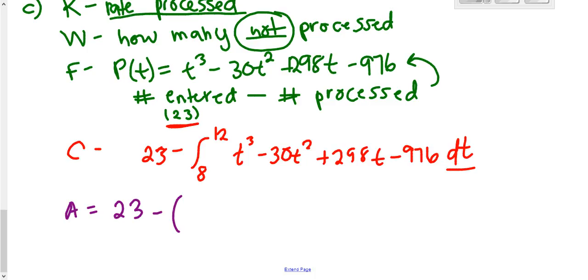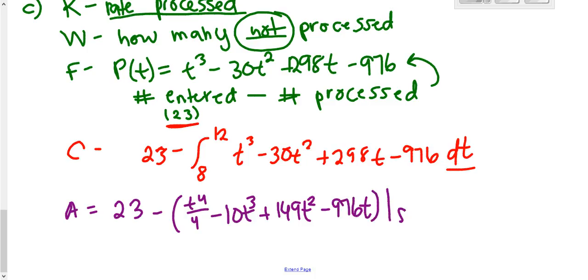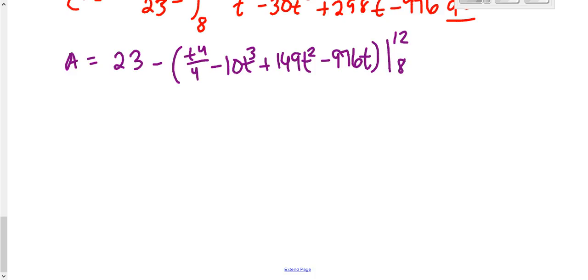When we integrate, we get t to the 4th over 4 minus 10t cubed plus 149 t squared minus 976 t from 8 to 12. From there, we do f of b minus f of a. So we have 23 minus, we'll leave that alone for now.